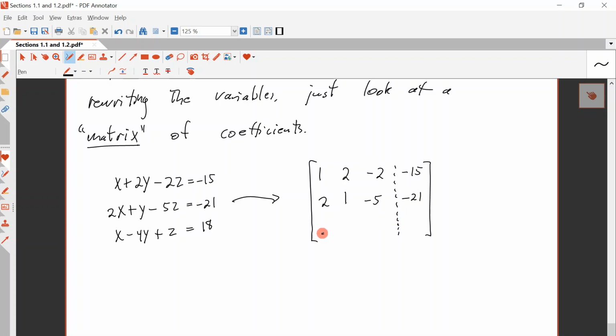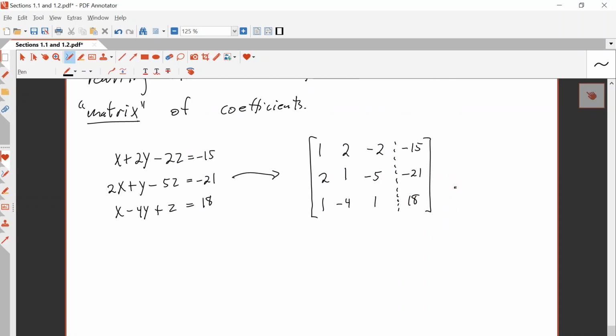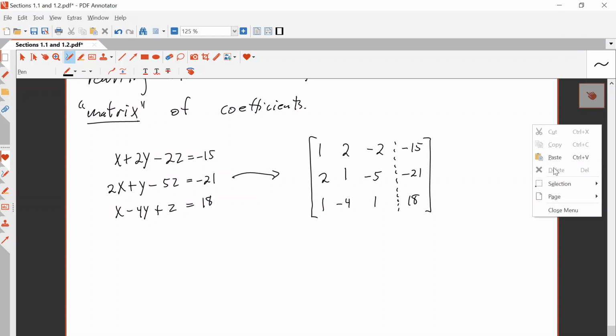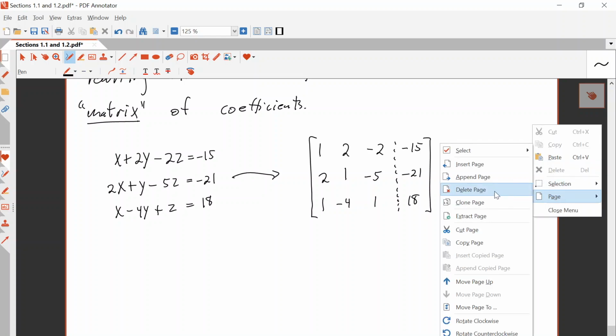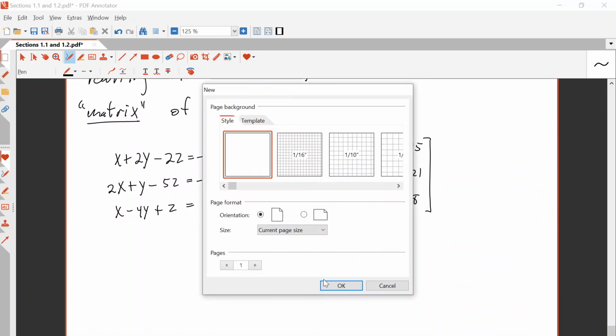And then x minus 4y plus 1z is 18. And now I can do my row operations on this. So let's do the row operations again, and I'll add a little something to it that we didn't do before.